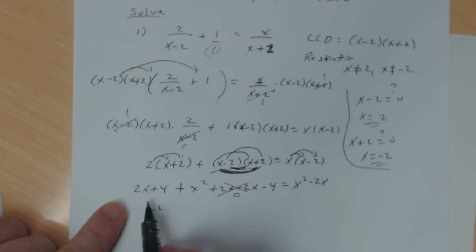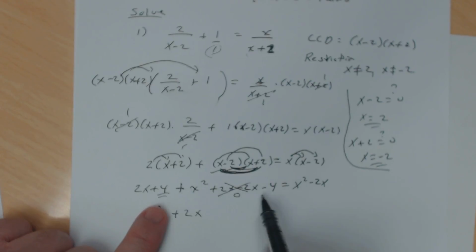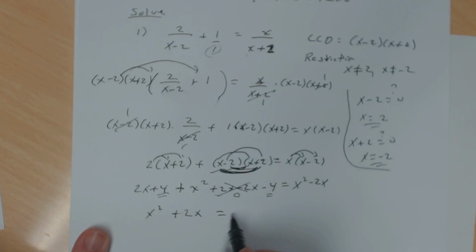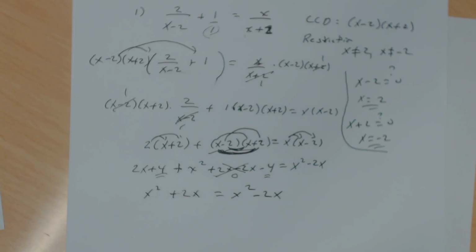But I still have this 2x here, so plus 2x. 4 and a negative 4, that's 0. So when I combine all of these terms right here, all I end up with is x squared plus 2x. And then that's going to equal x squared minus 2x over here.